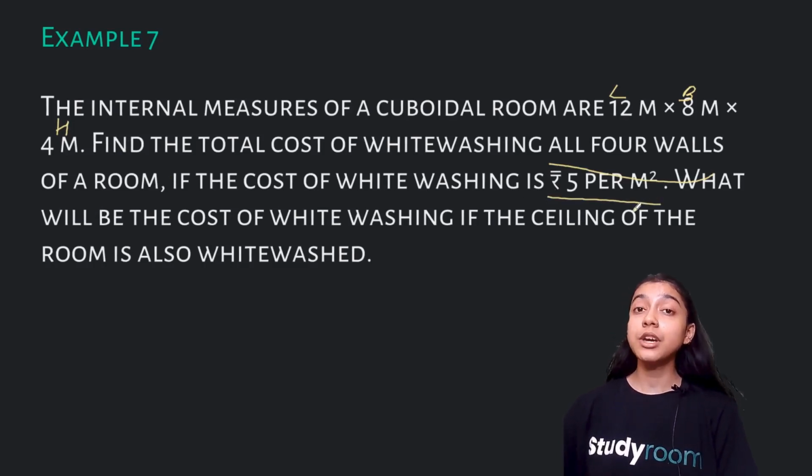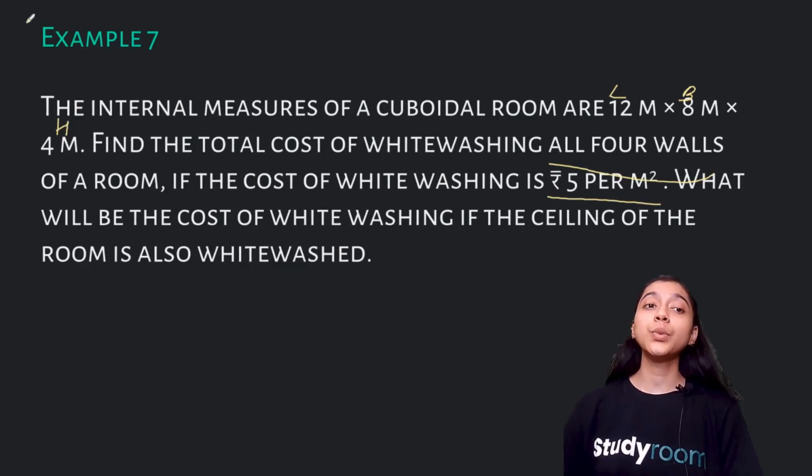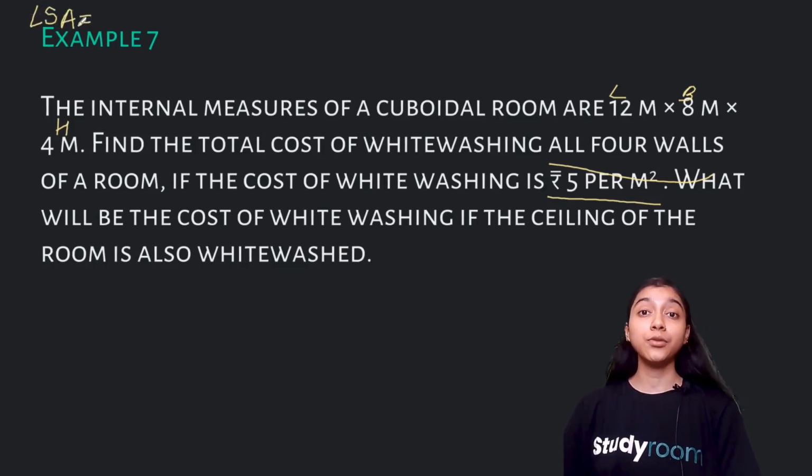So the first thing we have to calculate is the area of 4 walls. In order to do so, we know that the area of 4 walls is nothing but the lateral surface area of a cuboid. And the formula for the lateral surface area of a cuboid is 2 times length plus breadth multiplied with height.